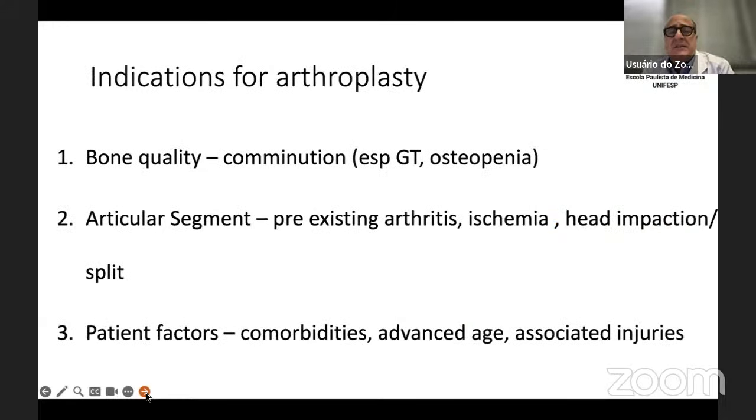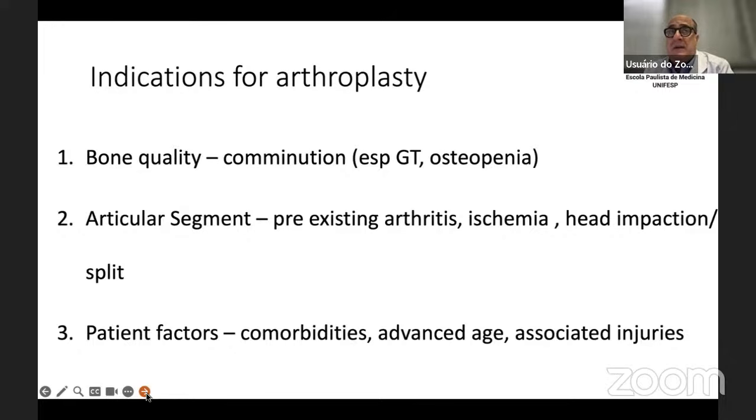But what are the indications nowadays for shoulder arthroplasty in this scenario? We have to evaluate the bone quality. The comminution is one of these indications, especially of the greater tuberosity, and when the patient has osteopenia, to avoid complications with osteosynthesis. Also an articular segment problem, or for example, pre-existing arthritis, or ischemia.